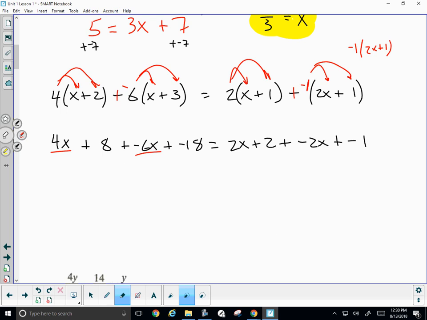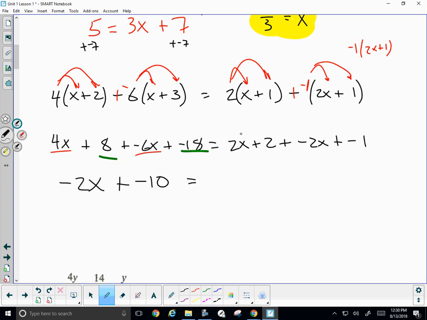Same side, combine. Okay? What's 4x plus negative 6x? Negative 2x. What is 8 plus negative 18? I've got more negatives here, so I'm essentially taking away negatives by adding those positives. That gives me negative 10.